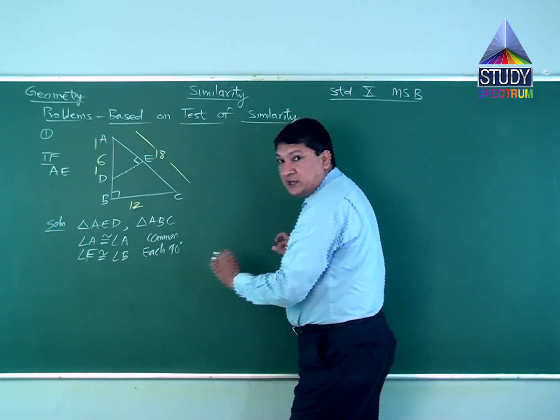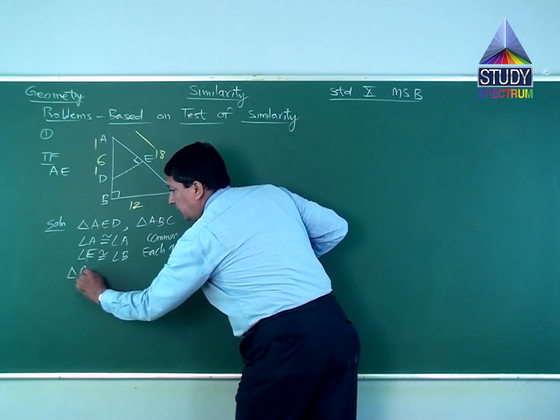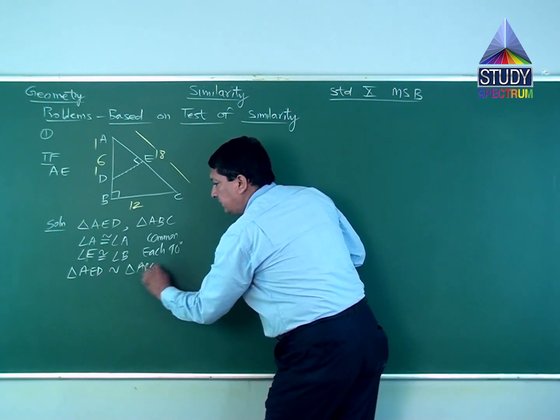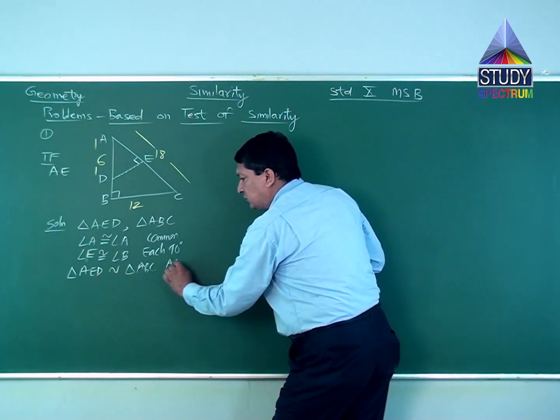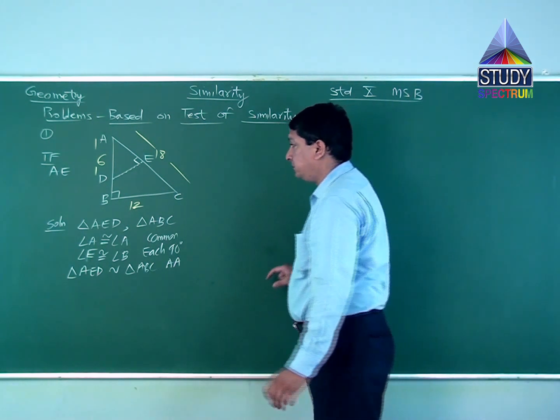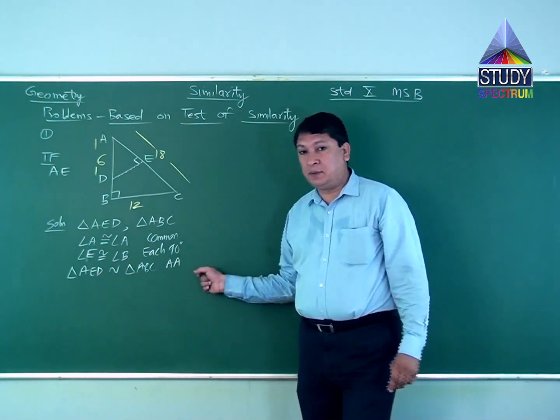So we got two reasons which are enough to prove the triangles are similar. So we can write triangle AED similar to triangle ABC. The reason for this is the test of similarity. Now once the triangles are similar, corresponding sides are in proportion.